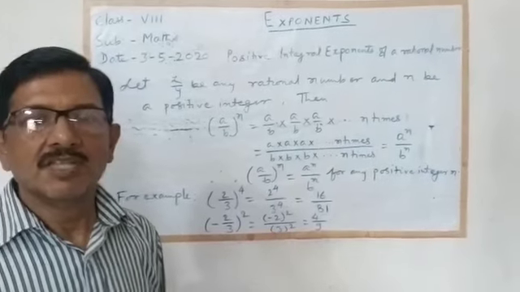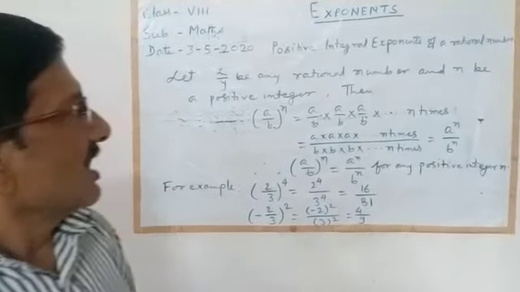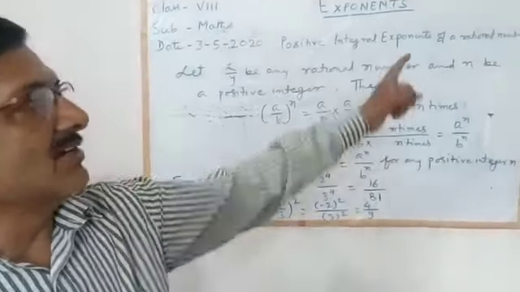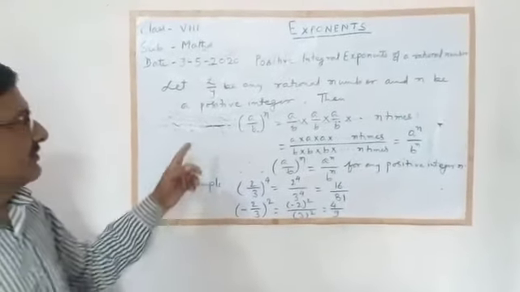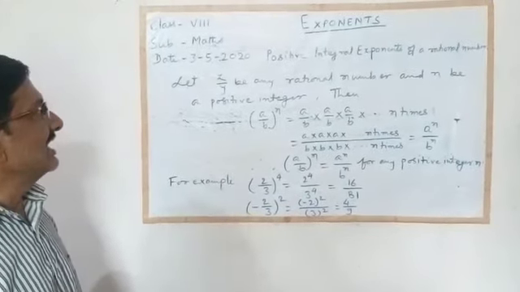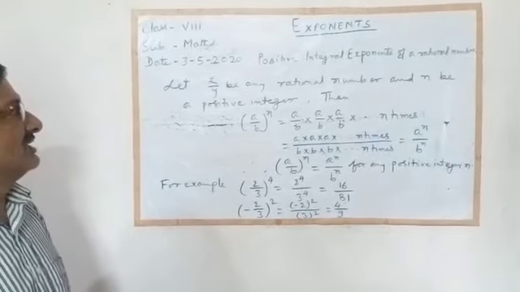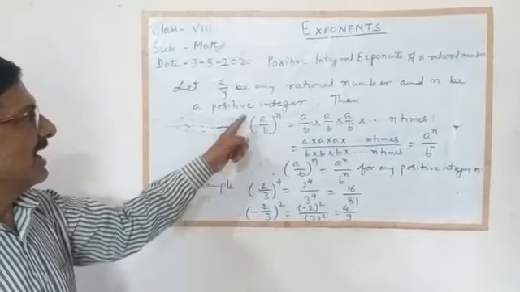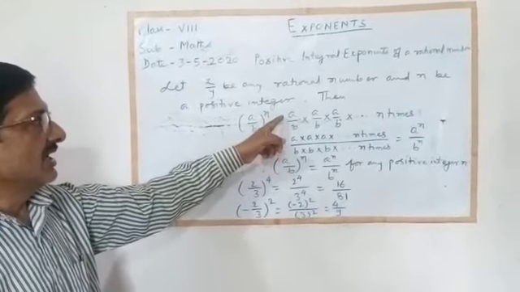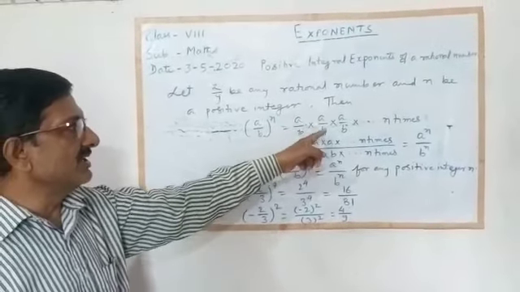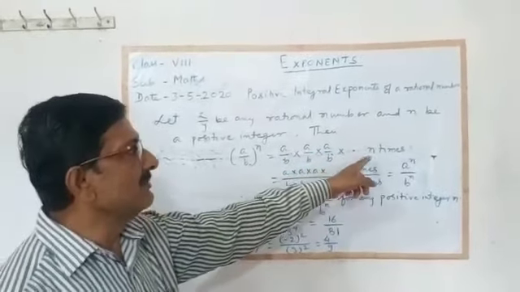Okay. Now we will discuss the positive integral exponent of a rational number. Here, first of all, let a/b be any rational number and n be a positive integer, then (a/b)^n will be equal to a/b into a/b into a/b into a/b, n times.